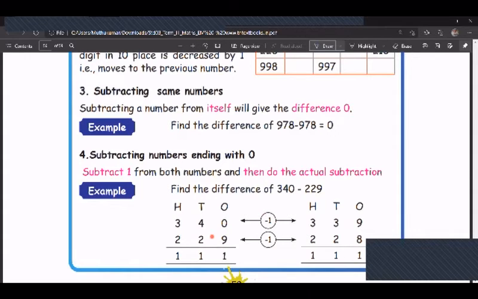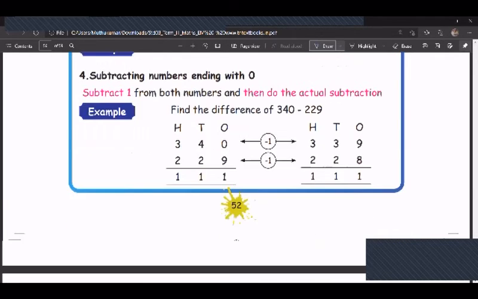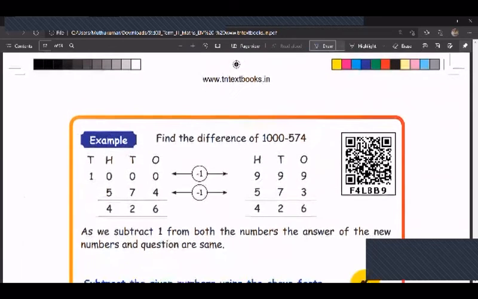In this, we have to borrow, isn't it? Borrow a number and then subtract. Little complicated, but this is very easy, simple subtraction, isn't it, children? Look at this. 1000 minus 574. Subtract 1 from 1000, 999. 574 minus 1, 573.